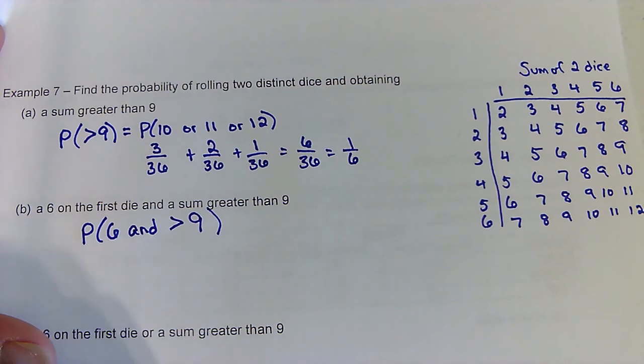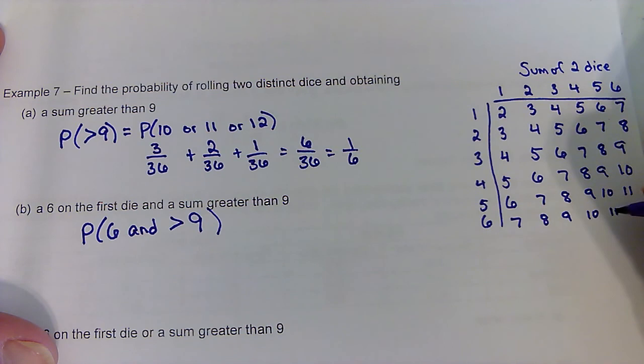This one we have to try to find that intersection of a 6 and a greater than 9. So that would be here, here, here, here, and here. So that's how many?